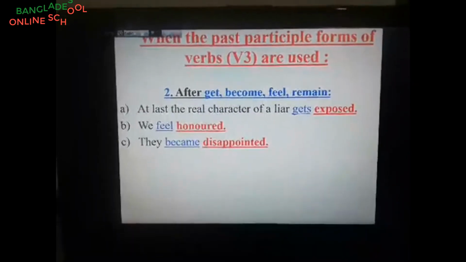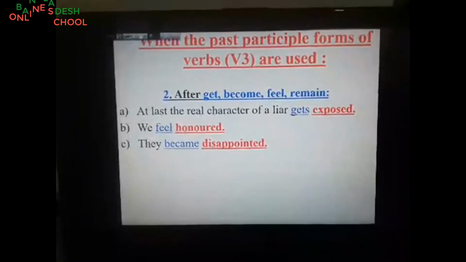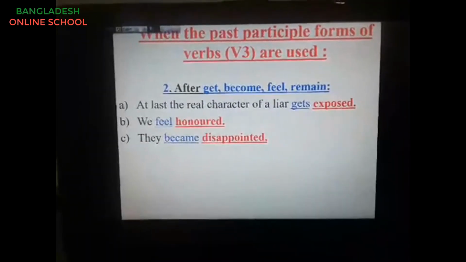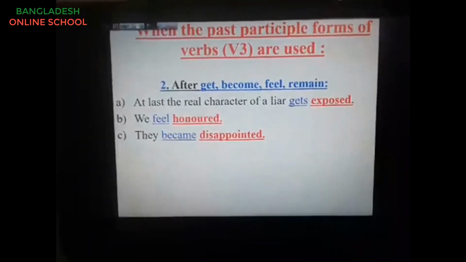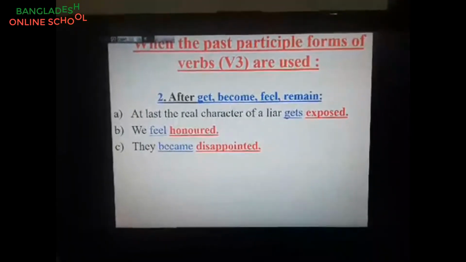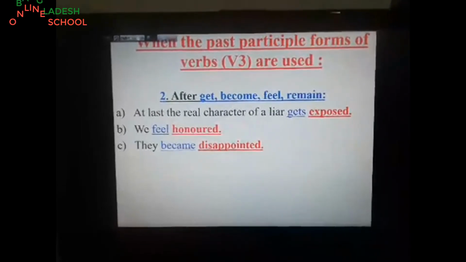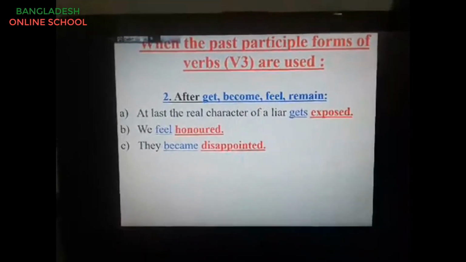In the third sentence, you see they became disappointed. Here, after became, the past participle form of the verb is used. So, you see disappointed is a past participle form of the verb.